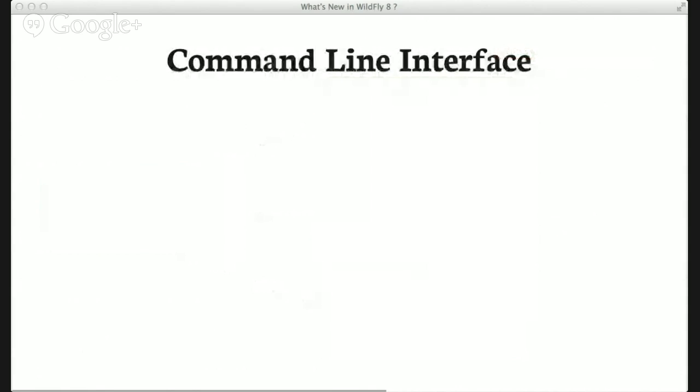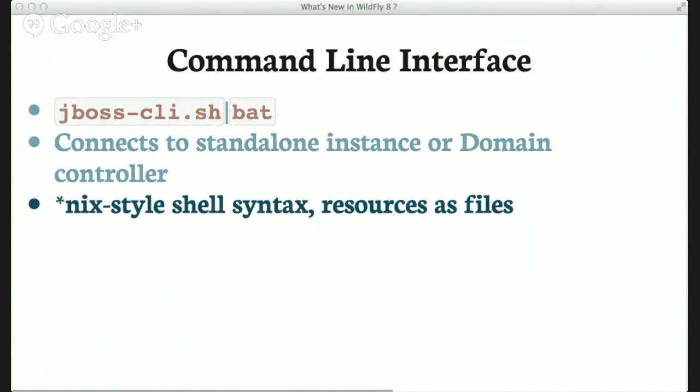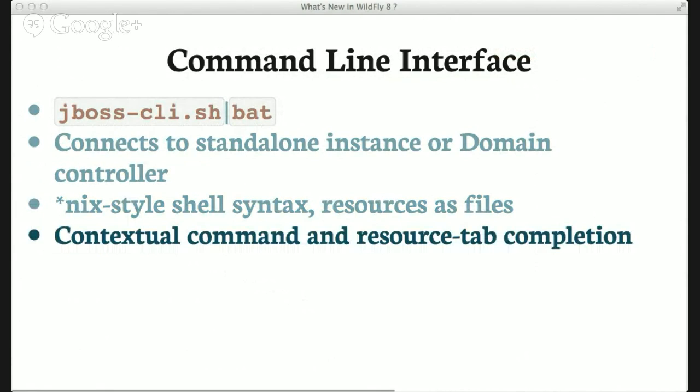WildFly comes with a command line interface named jboss-cli, which allows you to connect to both standalone instances or the domain controller. It uses a very simple Unix-style shell syntax, and it provides contextual commands, and you can use tab to have completion on resources and operations.